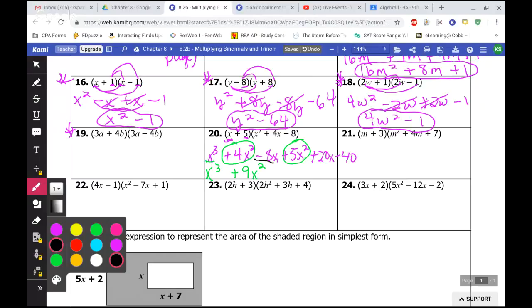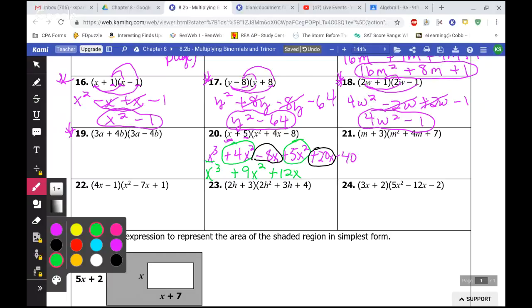And now I have a negative 8x and a positive 20x. So if I combine those, that's going to give me a positive 12x, because you're just combining the coefficients at this point. We've already done our multiplication.